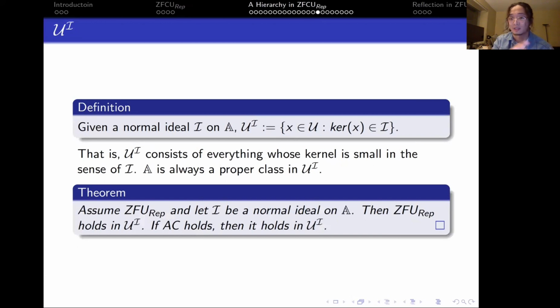And if AC holds in the background universe, AC will also hold in UI. Most of the axioms are not hard to verify because I is an ideal. We use normality here to show that replacement holds in UI.